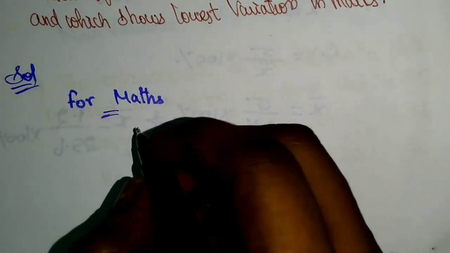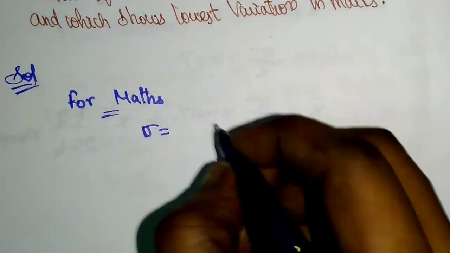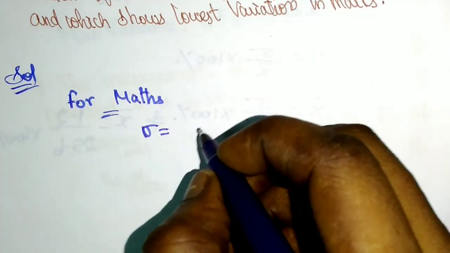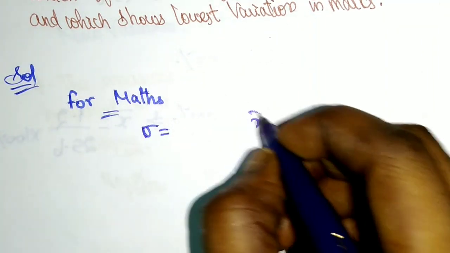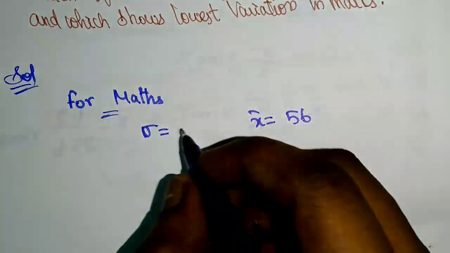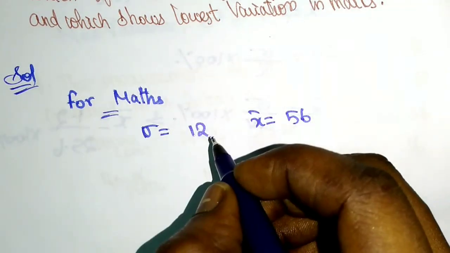For maths, first we have to take maths. Here mean x bar is equal to 56 and standard deviation sigma is equal to 12.